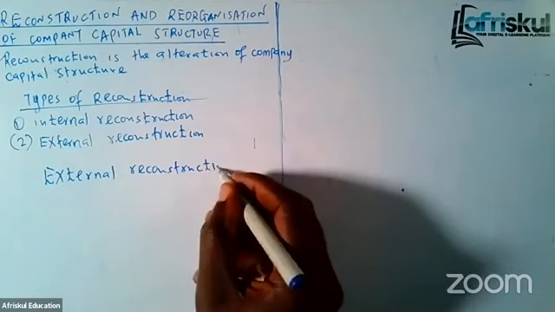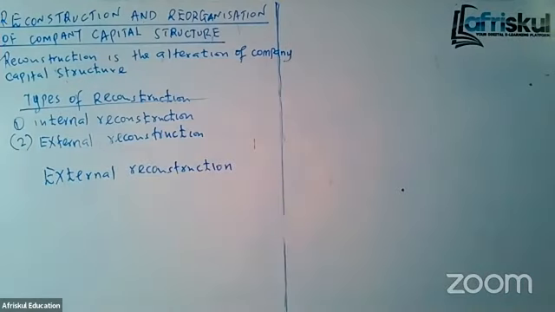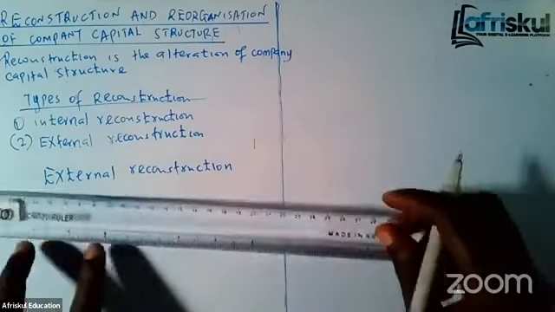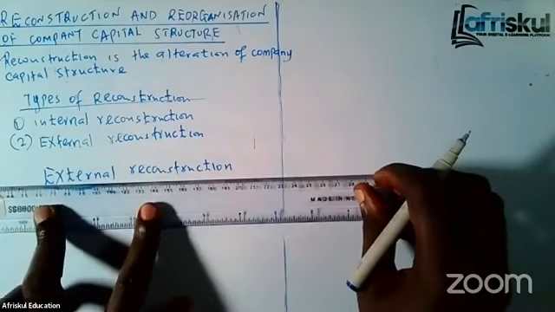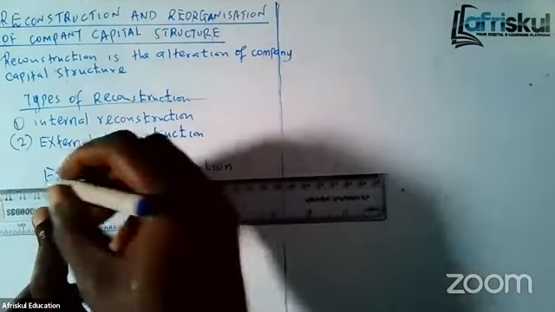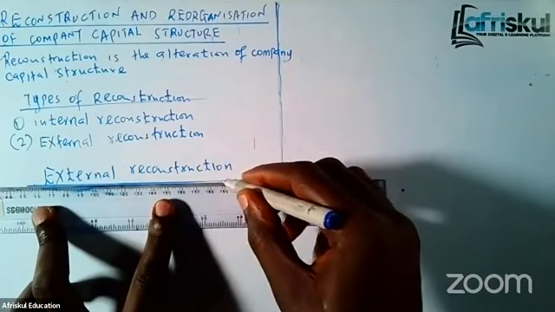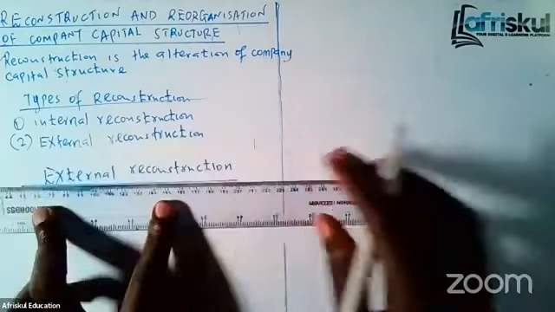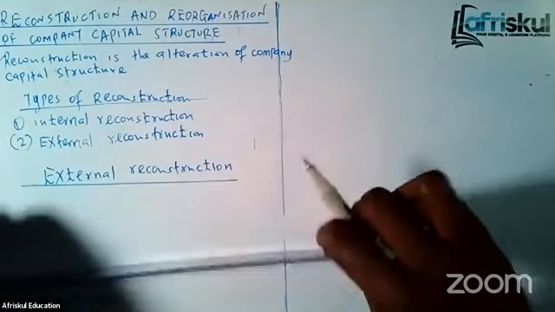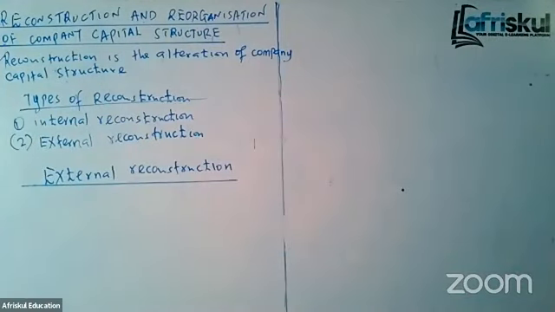Because if I check my past papers, the last time they tested reconstruction, they tested a question of internal reconstruction. That was May 2018. Then in the latest sitting, November 2019, there was no question of reconstruction.